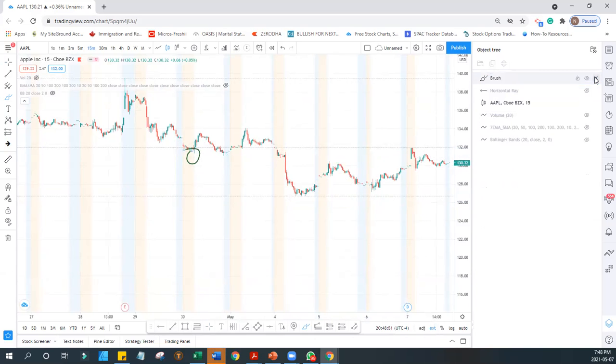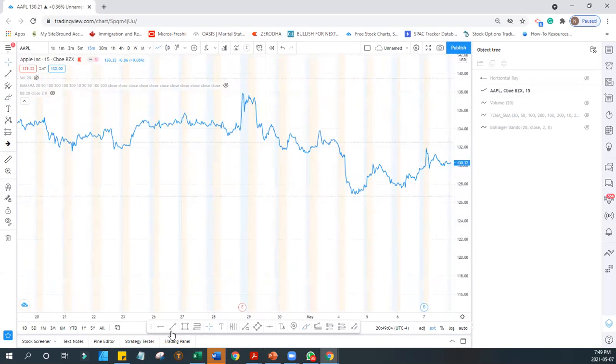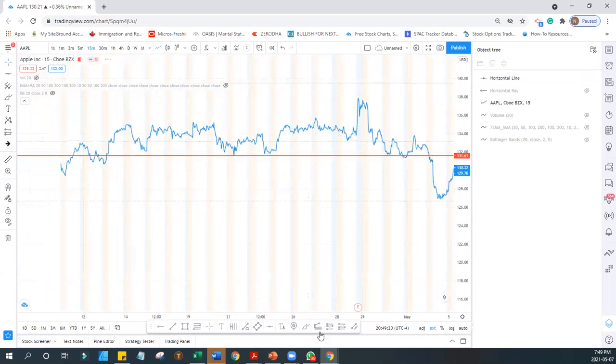Now, if you don't know how to draw the support and resistance, go to the line chart. This is the line chart, right? And this is the candlestick chart. Now if I have a horizontal line, for an example, can I draw the horizontal line here? I'm going to make this one red. Can I draw my horizontal line here, and can I see the price is taking a support?